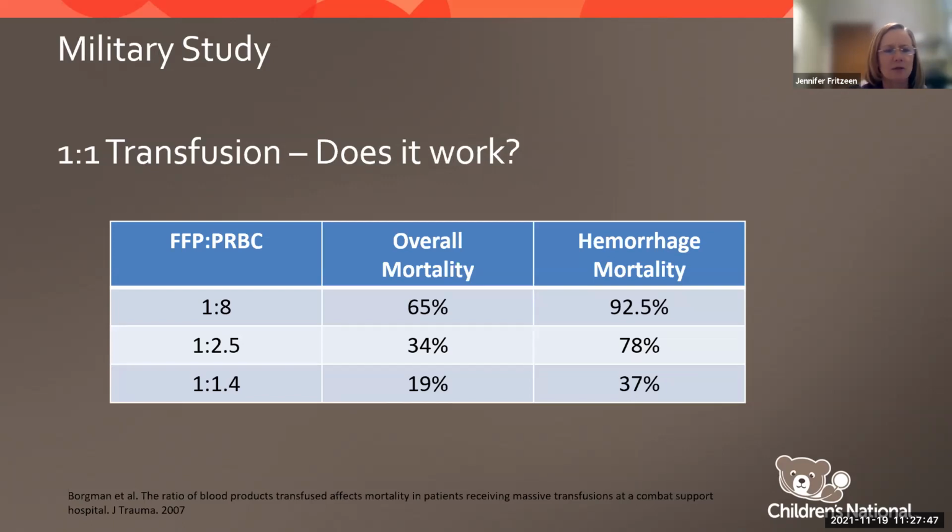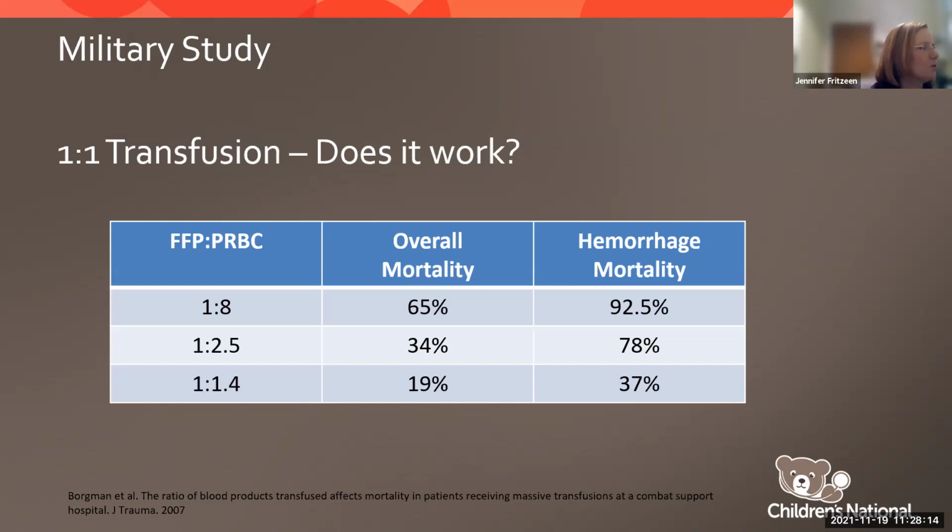And so there were several military studies that have been looked at to design how we do massive blood transfusion. Several studies you can see on here looked at FFP to RBC ratio: 1 unit of FFP to 8 units of packed cells, and we still had a 92.5% hemorrhagic mortality rate with an overall mortality of 65%, which is not great.